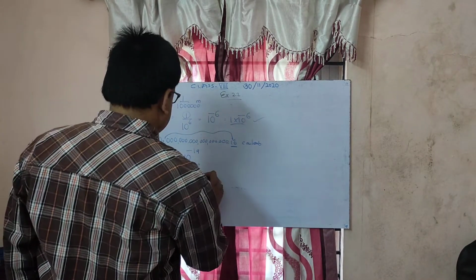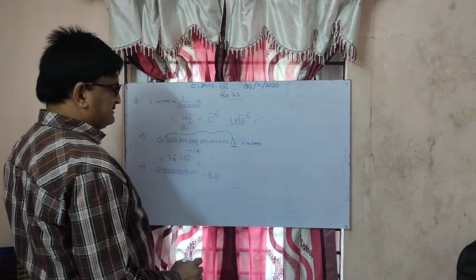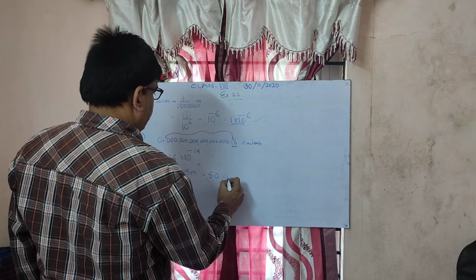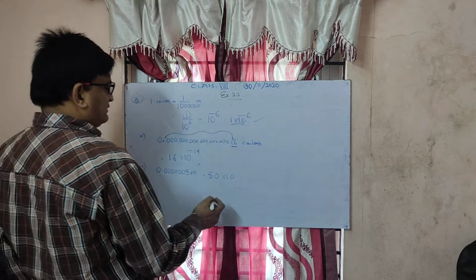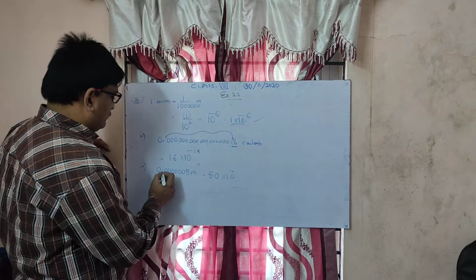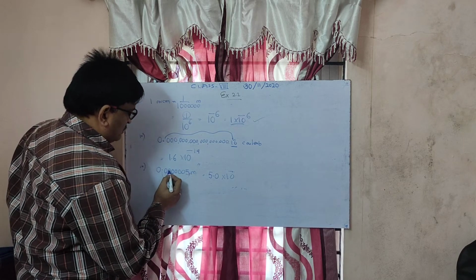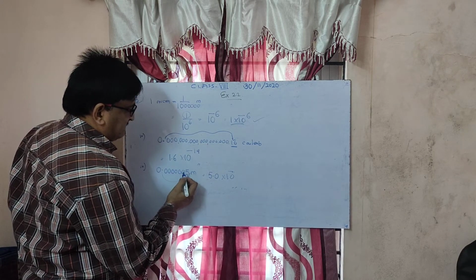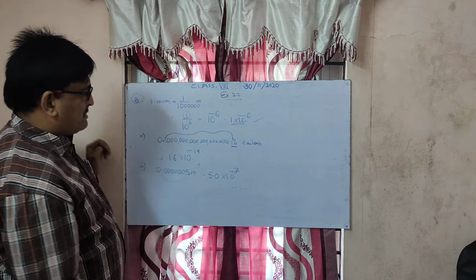It is 5.0 into 10 to the power. Now the point is moving from left to right, so the power will be negative. It moved 1, 2, 3, 4, 5, 6, 7 places. So 10 to the power minus 7.